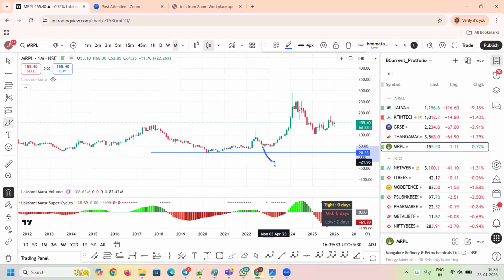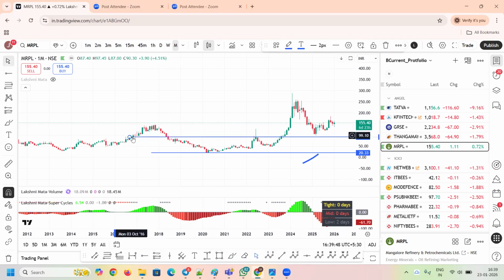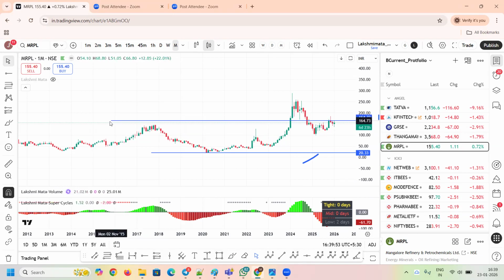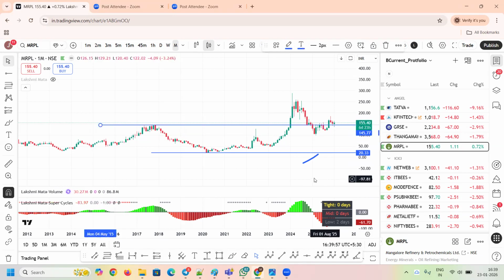This is called support. Then I will draw another line here, where it struggled earlier to move up.